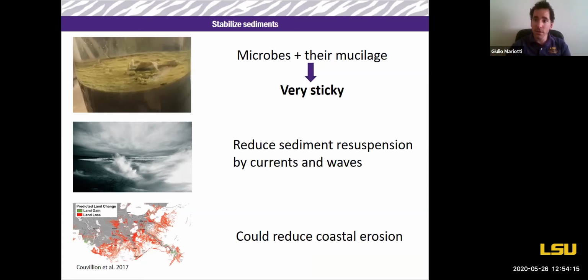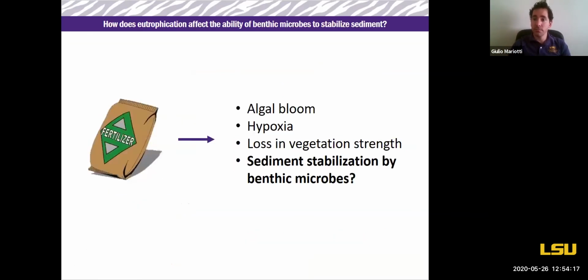The question that I was interested in answering is the effect of eutrophication, which is the increase in availability of nutrients like fertilizer, that this eutrophication has on benthic microbes and the ability to stabilize sediment. We know that too much nutrients can cause algal blooms or hypoxia and even loss in vegetation strength.